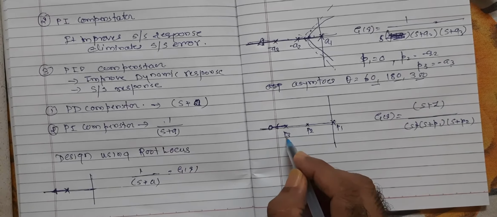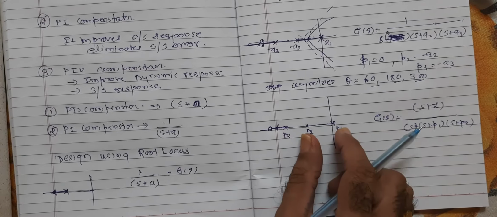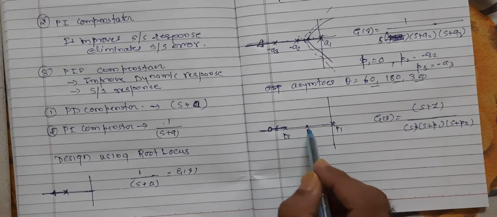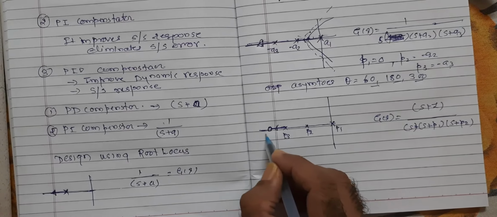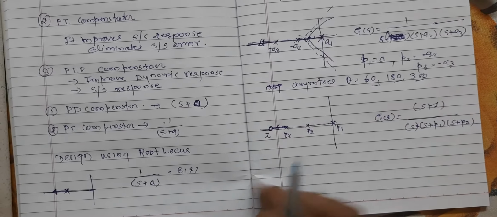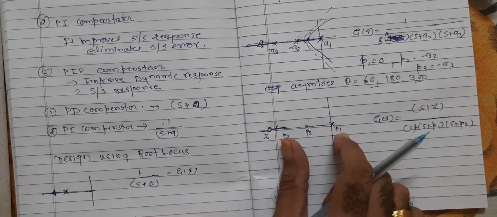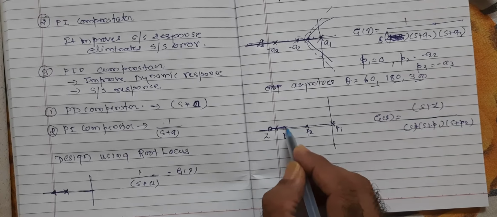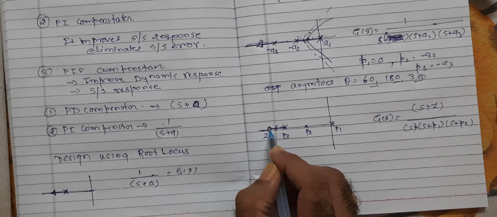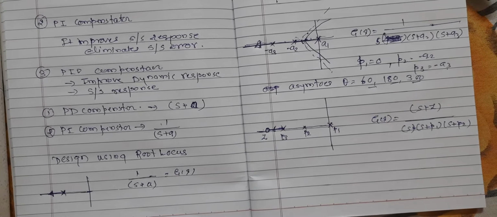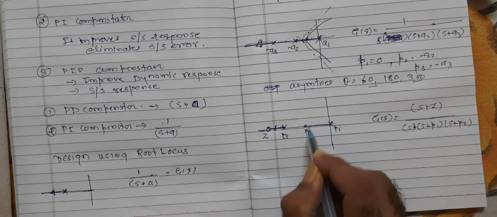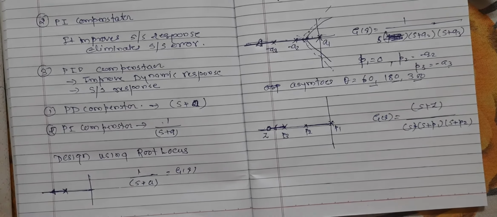Now see here, to the right of P3 there are two poles, the number is even, so between P2 and P3 no root locus will exist, and this is my zero Z. To the right of this zero there are three poles, the number is odd, so between the zero and these poles there exists a root locus, so this pole moves towards Z. Now between P1 and P2 the root locus exists again.